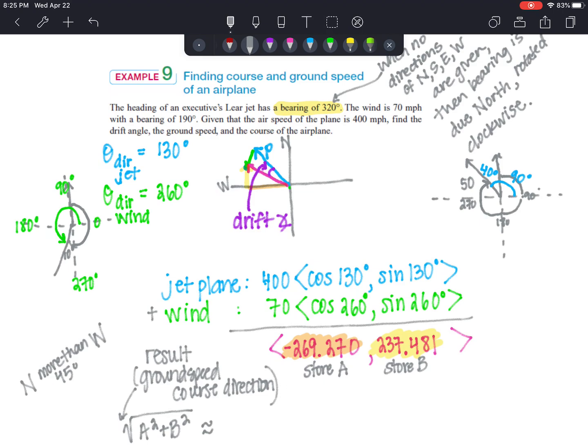And when we put that into our calculator, we get 359.032 miles per hour.